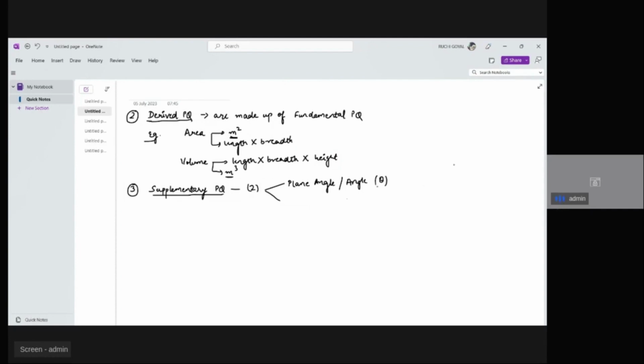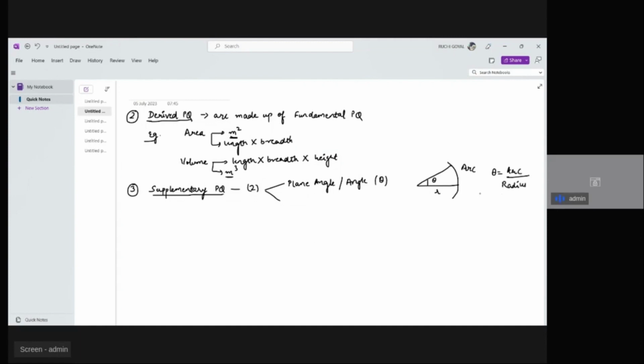Suppose this is an arc, and we draw an angle here, and this is the radius r. What will be the formula of theta here? Theta will be arc upon radius. This is the formula of theta. This is known as angle.